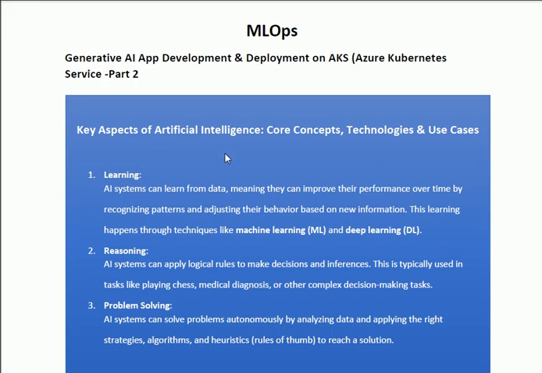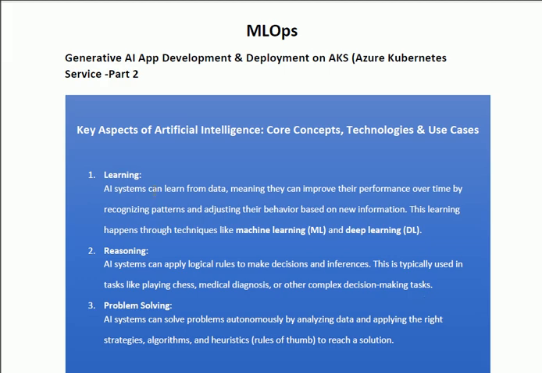In artificial intelligence, we use it for different purposes. For learning, we can use different techniques of ML and deep learning in the education department. The other one is reasoning. Reasoning means we can use it in research and decision making tasks. Artificial intelligence can be used in complex decision making tasks.